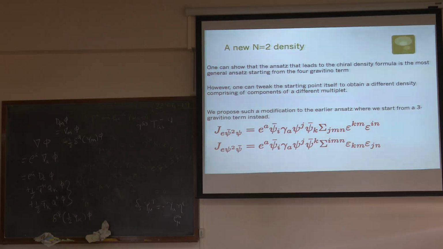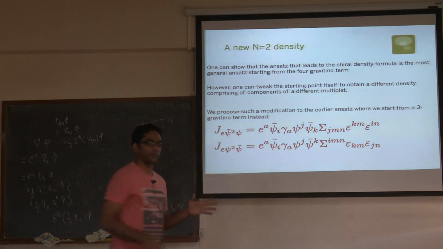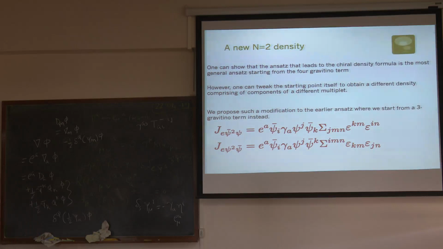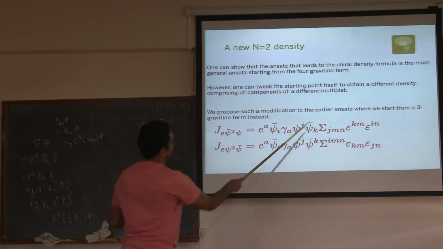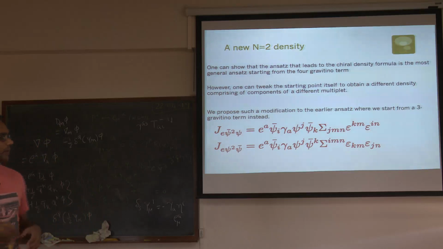Okay, so the block that comes here is a fermionic block. So the lowest component of this multiplet is a fermion. Instead of being a boson, it's a fermion. Okay, so the chiral density formula was based on a multiplet whose lowest component was a boson. That's because that arises in a 4 gravitino block. Okay, so here it comes with a 3 gravitino block. So this is my lowest component of this multiplet, which will make up my density formula, and that is a fermion.